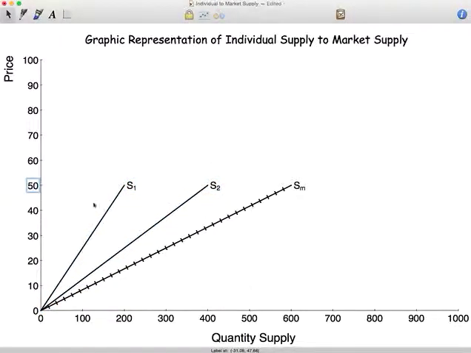So at a price of 50, I know that quantity supplied for S1 is going to be equal to 200. If I look at S2 at 50, quantity supplied is going to be equal to 400. So at a price of 50, it's going to be 200 plus 400, which is going to give us that 600.